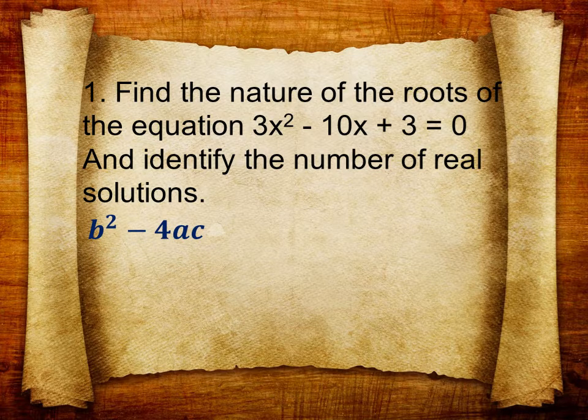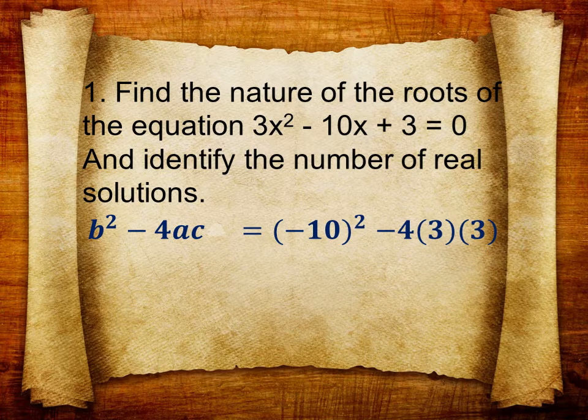So what is a, what is b, and what is c? In the quadratic equation given, our a is 3, b is negative 10, and c is 3 also. You will substitute those values in the discriminant formula.